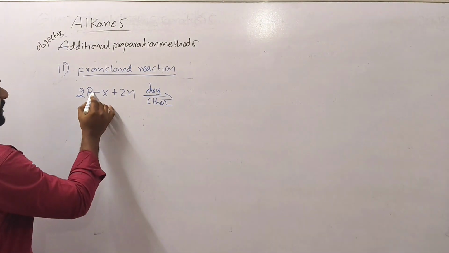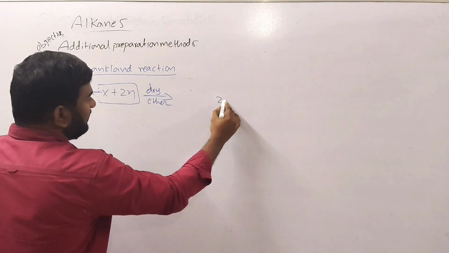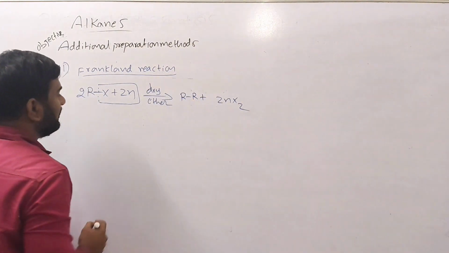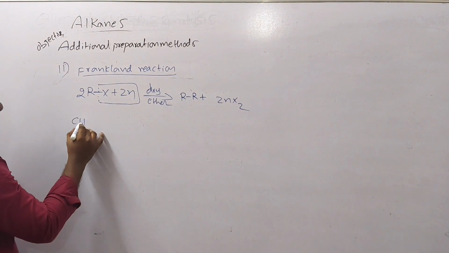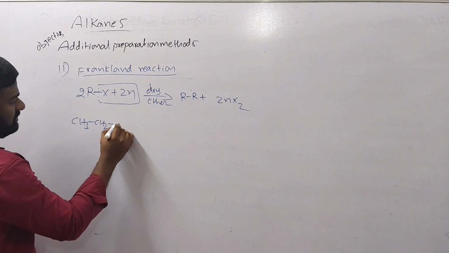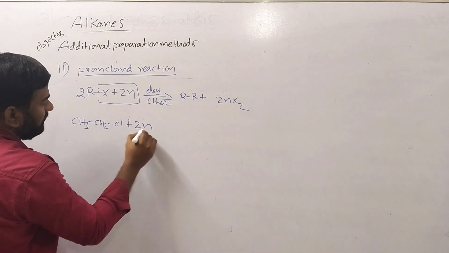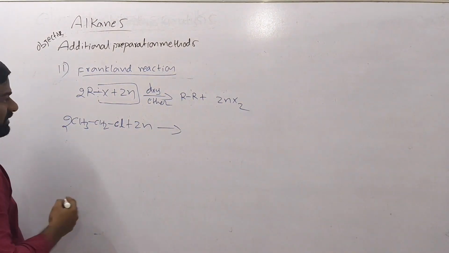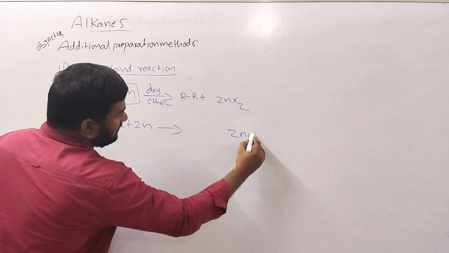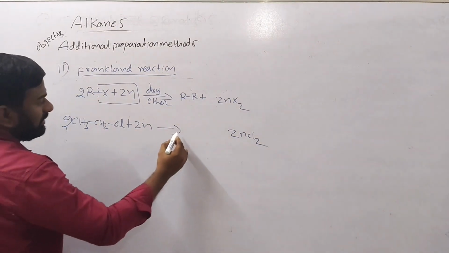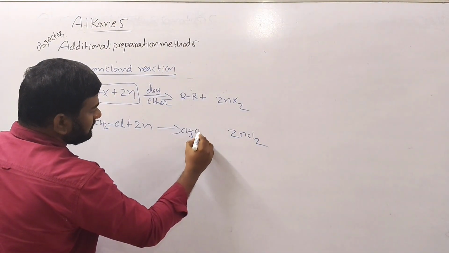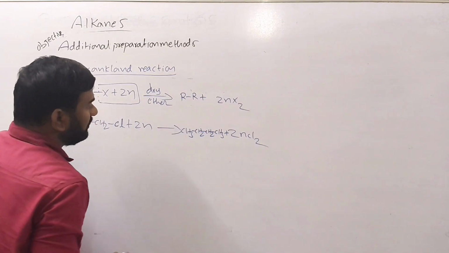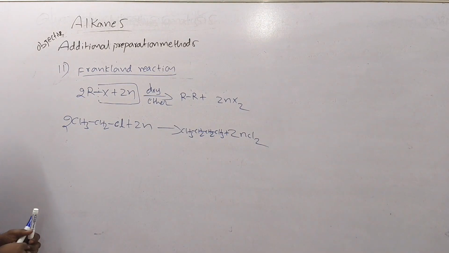Here two halogens are removed as ZnX2, and two alkyl groups combine. If you see an example, CH3CH2Cl reacts with zinc. You take 2 moles of alkyl halide, so ZnCl2 is formed. Here the ethyl group is the alkyl group, so you get CH3CH2CH2CH3, butane.